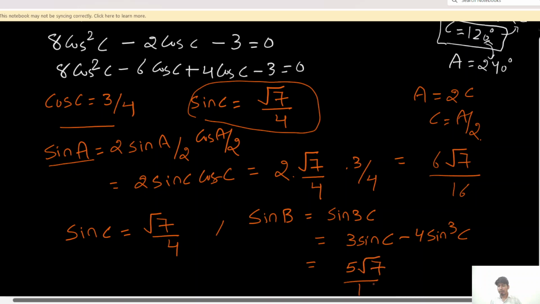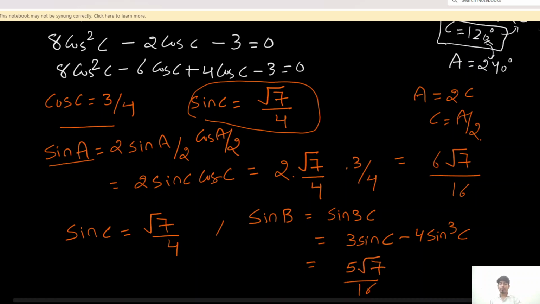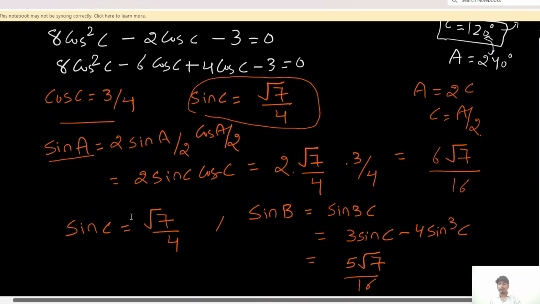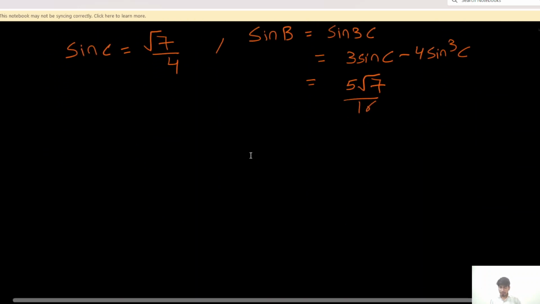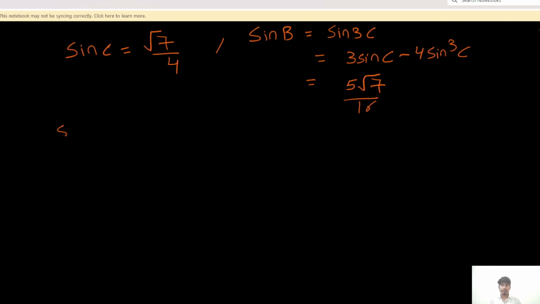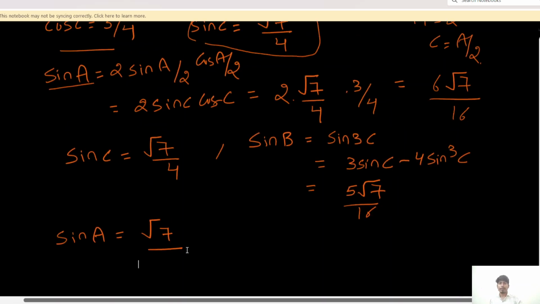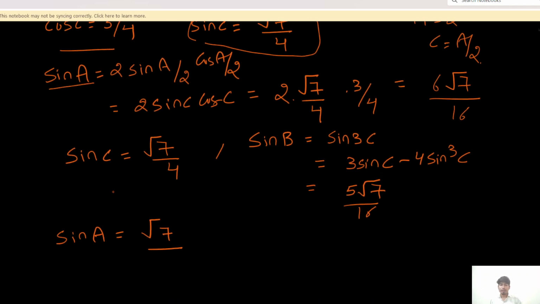In short, what are the values of sine A, sine B and sine C? Sine A is 6 root 7 upon 16. Sine B is 5 root 7 upon 16.